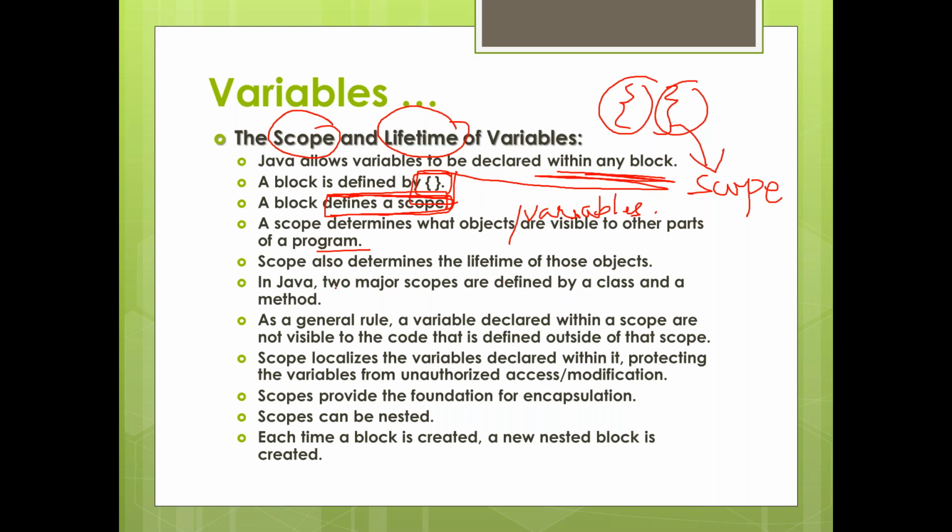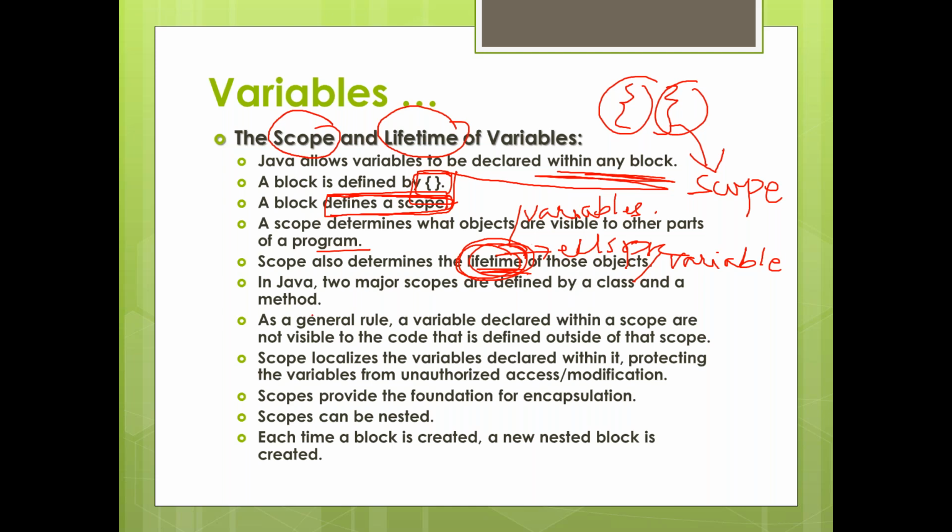We will explain it in detail with one of the examples. It also determines the lifetime of a variable or object. We can see this lifetime in Eclipse, and I'll show how to do that.